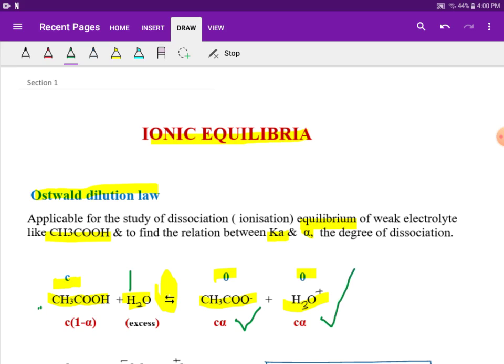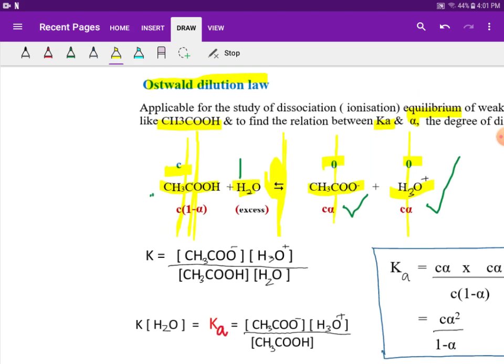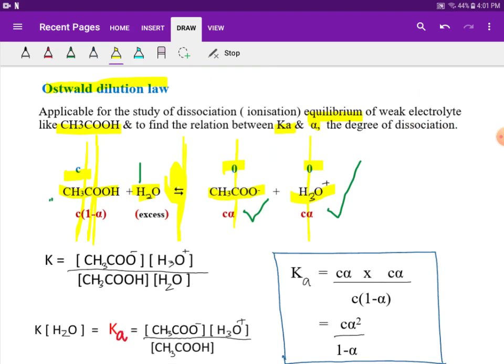That is, the ionization equilibrium consists of acetate ion and hydronium ion as dissociated ions and undissociated acetic acid molecule at equilibrium. So, when we look at the equilibrium, there is a steady or constant concentration of acetate ion, hydronium ion and unionized acetic acid molecule.